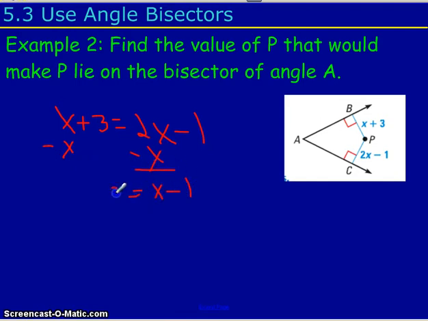And then I've got to add the 1, which would give me 4 for x. So each one of these lengths would have to be what? 7. And yes, then if x was 4, then they would be equidistant, making P on the angle bisector.